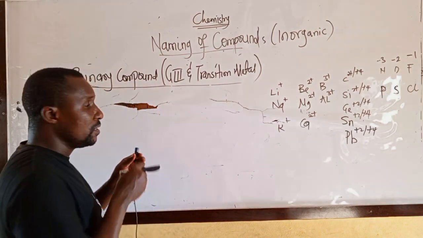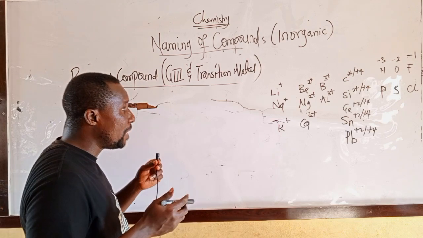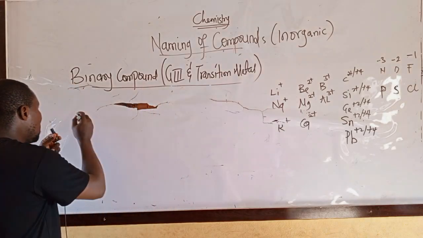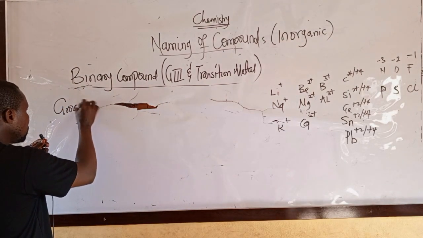Let us move on. Still on the first rule, that when two elements combine together to form a compound, the last element carries IDE. Now I want to take group 3 metals.